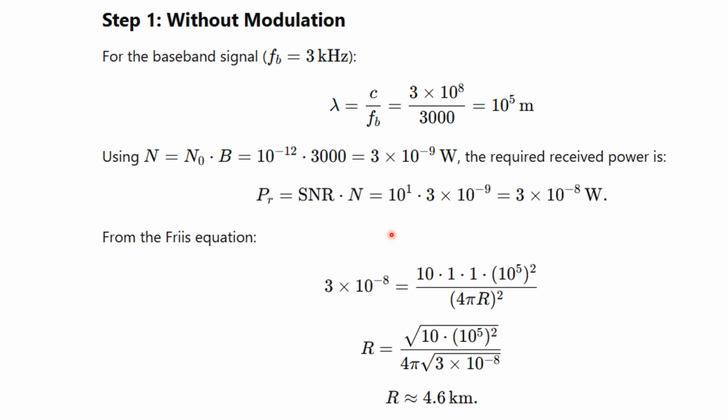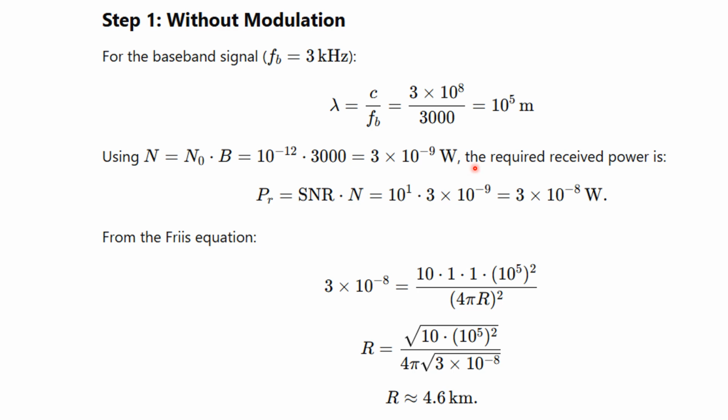In the Friis equation we require PR, which is calculated from the signal to noise ratio times N, and N is N naught multiplied by B, where B is the bandwidth. N naught is given as 10 power minus 12 watt per hertz, and bandwidth is 3000. So N is equal to 3 into 10 power minus 9 watt.